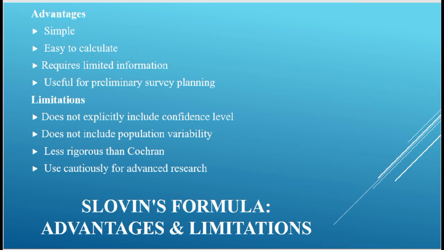Slovin's formula advantages and limitations. Slovin's formula has become popular mainly because it is very simple. A researcher needs only two major pieces of information. The first is population size and the second is desired margin of error. This makes it particularly convenient for students and researchers who are conducting basic descriptive surveys. However, there are important limitations. The formula does not explicitly include a confidence level.